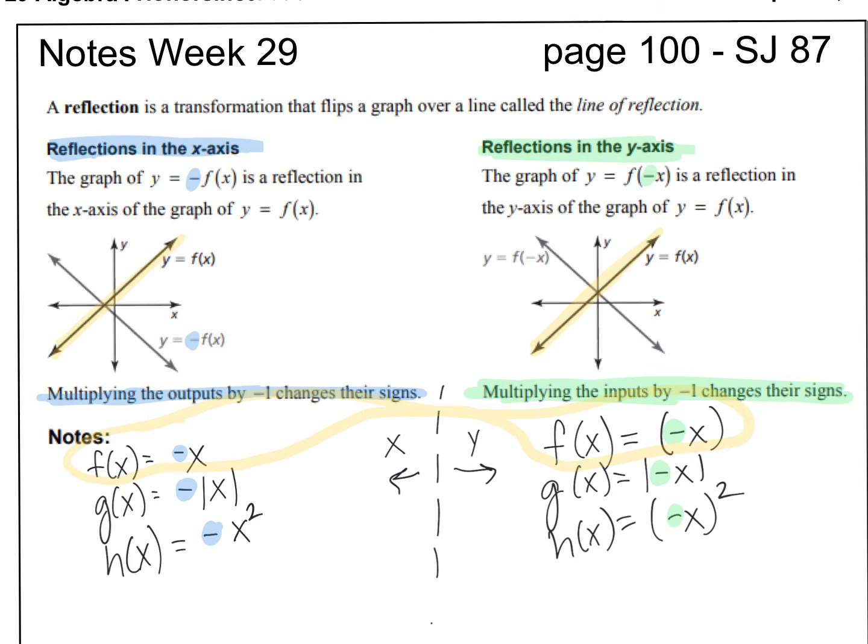So I really always only call it the reflection across the x-axis when it's linear, because usually you do not see it written like this over here. But if you do see that and you say a reflection in the y-axis, that is perfectly fine. That's absolutely true. Let's go on to the next.